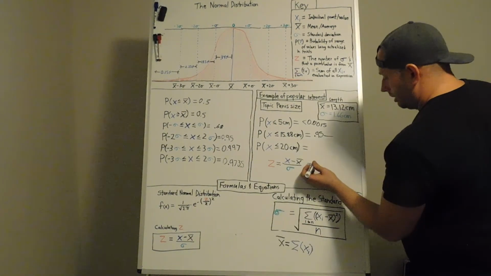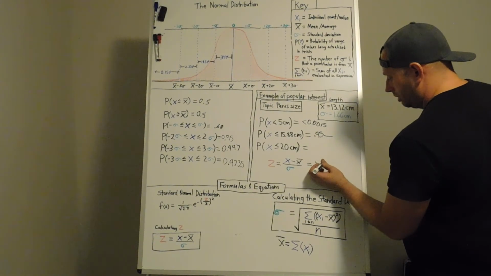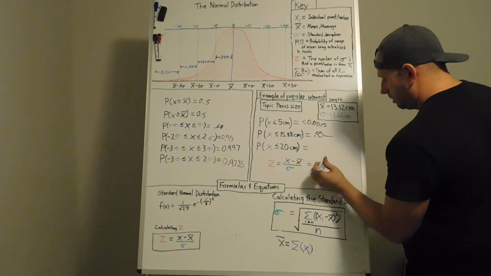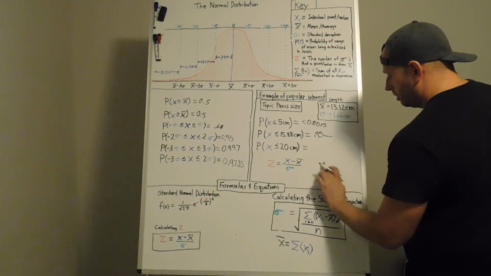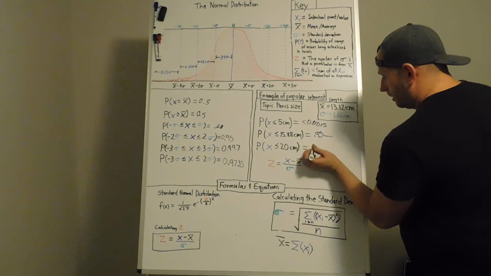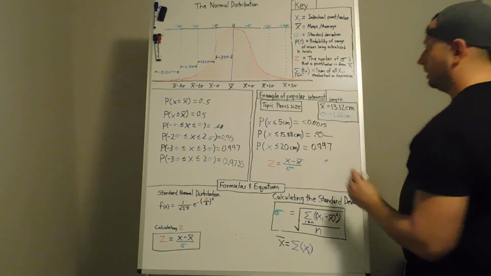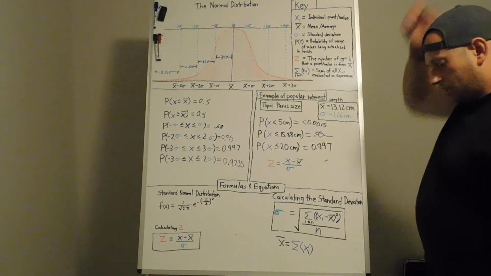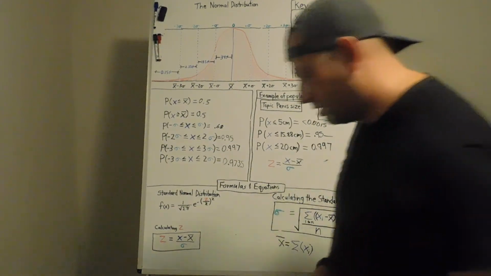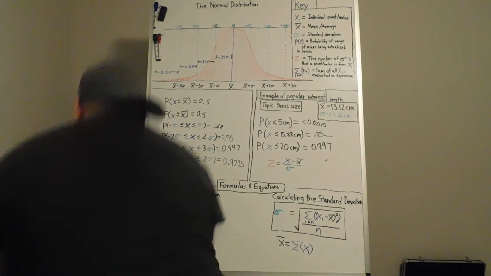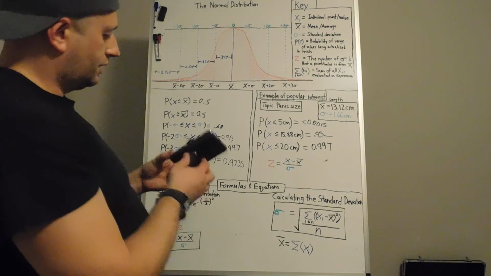So we can say that that is greater than 0.997, at least, that we can say for this. Using this might get a more precise value.